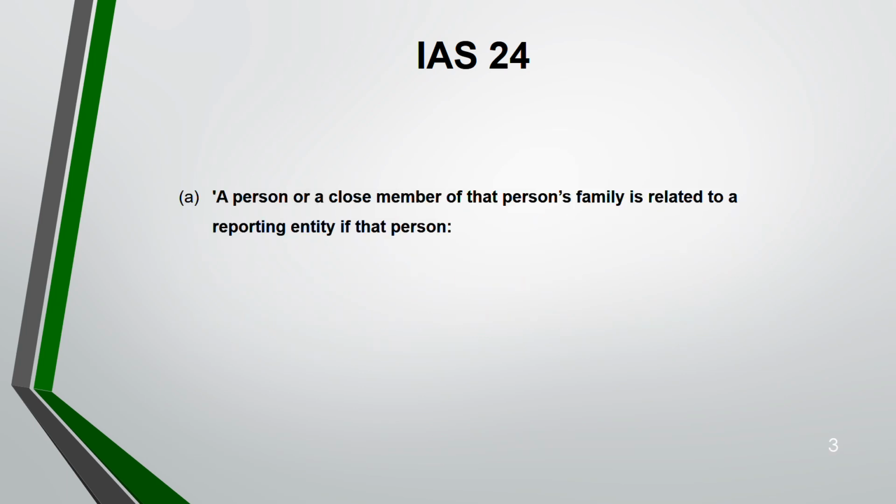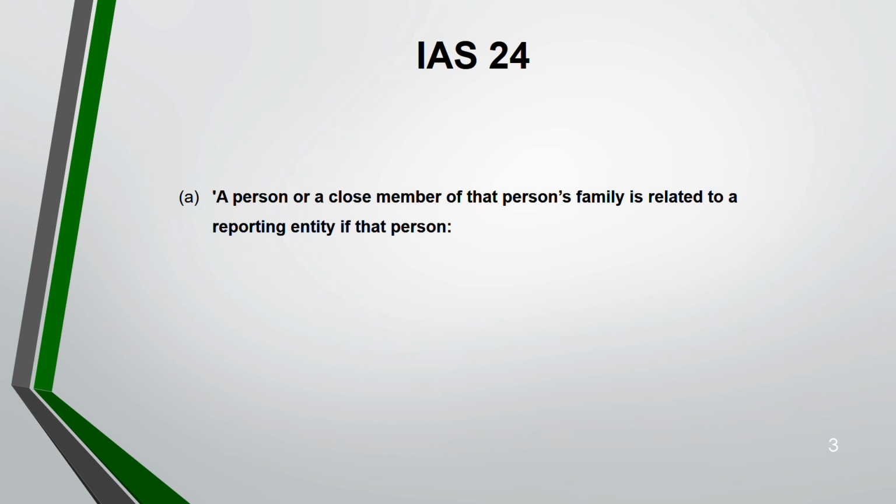A person or a close member of that person's family is related to a reporting entity. First, we'll see the person who is related to a reporting entity, then we'll see an entity that is related to a reporting entity. So, A.